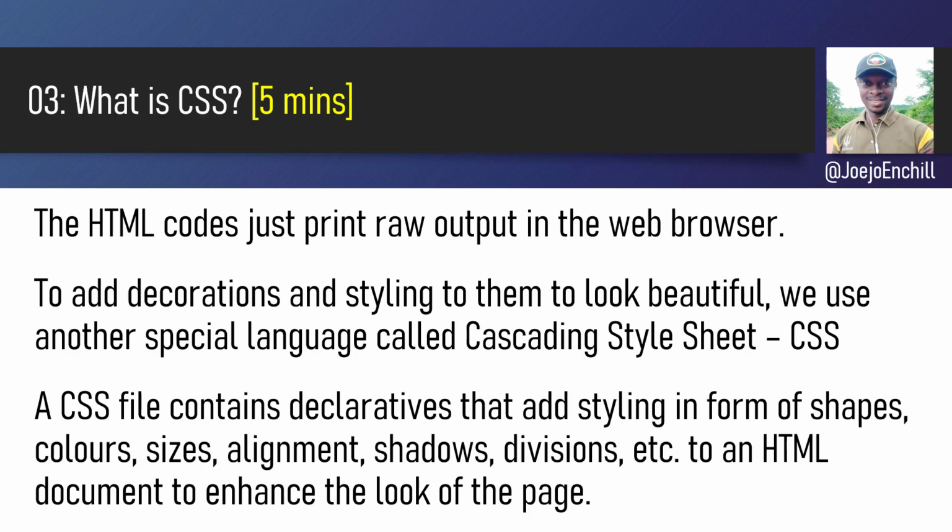Therefore, to add some sort of decorations and styling to this content, we use another special language called cascading style sheet. The main purpose of this sheet is to style the web page. It does so by arranging the content of the web page, controlling the spaces around and within, the shape, the color, images, and what have you.